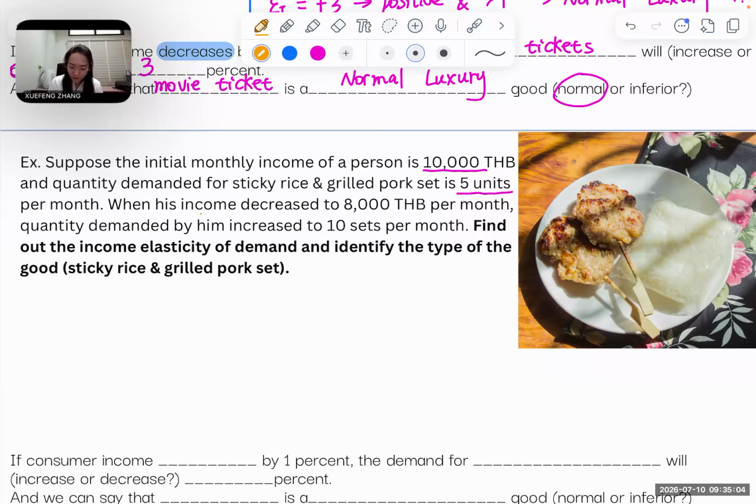When his income decreased to 8,000 baht per month, quantity demanded by him increased to 10 sets per month. So please find out the income elasticity of demand and identify the type of good. What is the type of a sticky rice and grilled pork set?